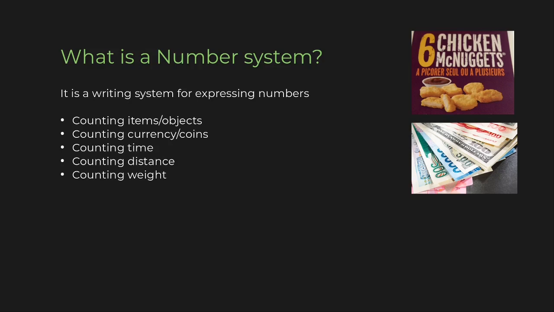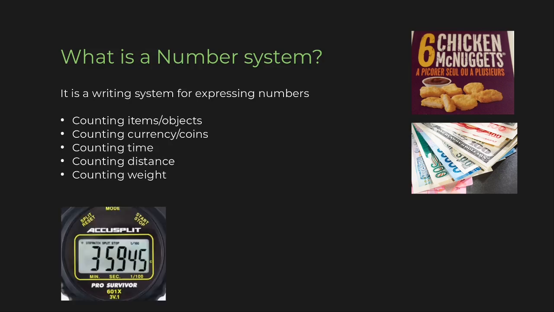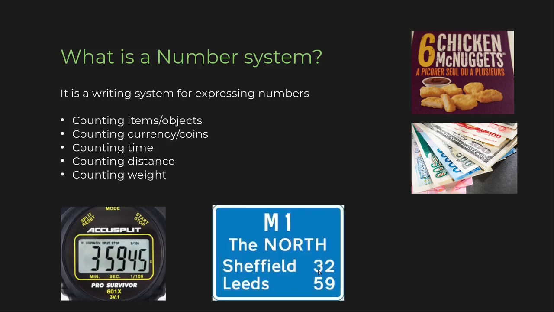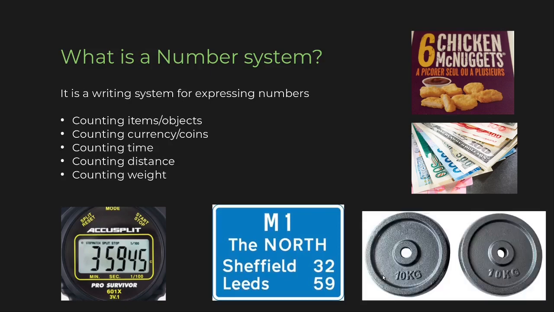For example, in case of time, it can be a minute, hour, or seconds, whereas with distance, it's either miles or kilometers. And finally, with weights, it will be in kilograms or grams for that matter.